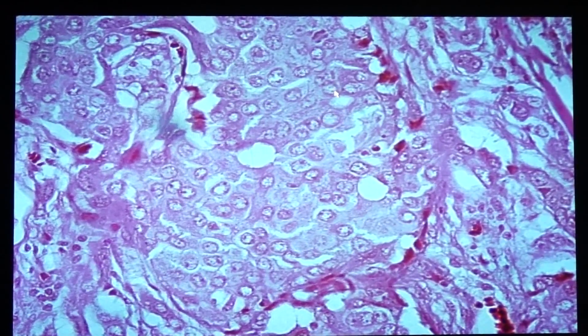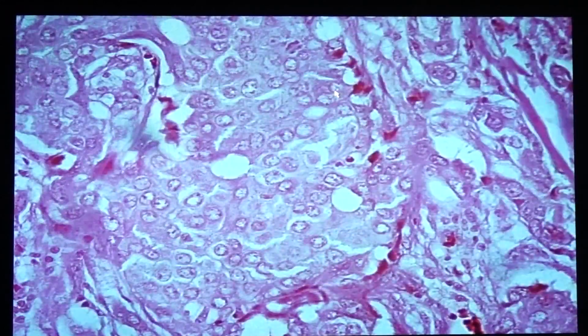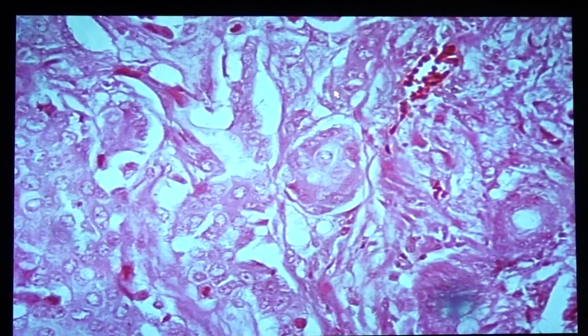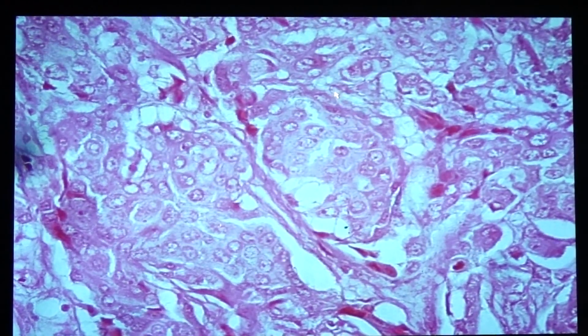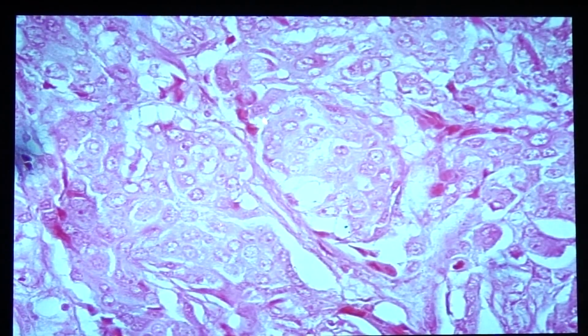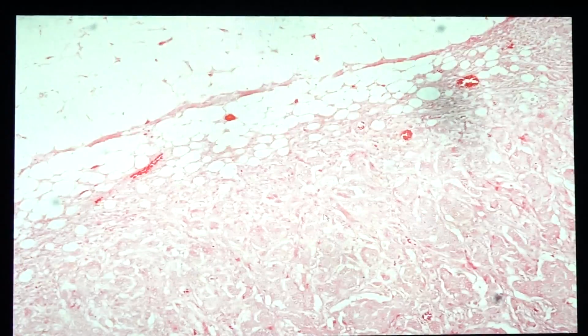So the histologic appearance of the neoplastic ductal cells would be that they are thrown into nests like this one. Okay. Sometimes they can be seen in cords. Let's try to see cords.